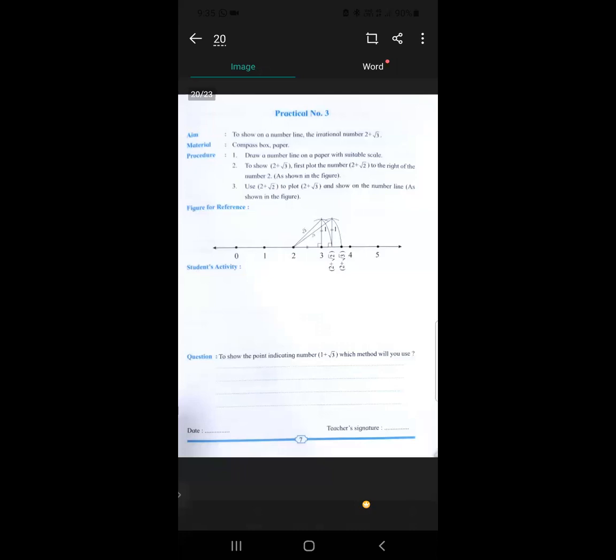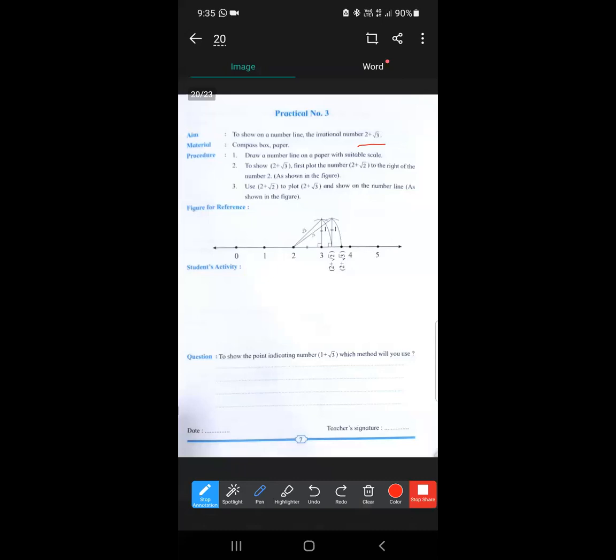But here the case is different, that is 2 plus root 3. So how you are going to represent it, or what explanation is needed for that, I will explain. So material: compass box and paper. Procedure.